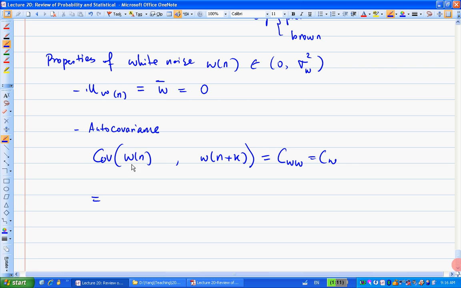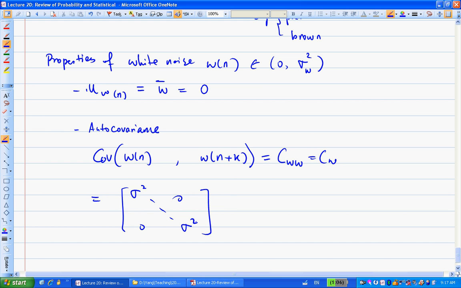Then the autocovariance, based on our previous derivation, what would that be? A diagonal matrix, right? 0, 0 here. This is sigma, not 1, it's actually just sigma square all the time. Does that make sense?